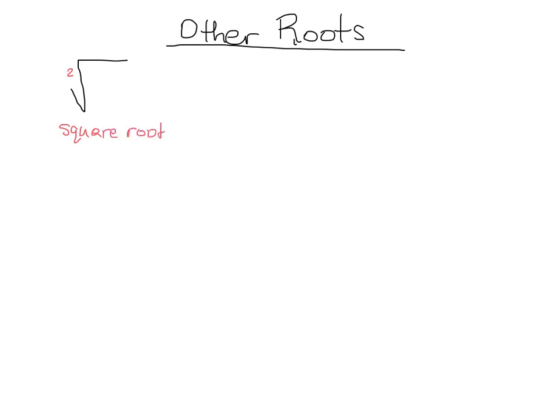However, we can have cube root, fourth root, fifth root, any root really. So if we're being asked for another root, the number right here will have to be placed. So we would have to put, for example, a 3 right here if we're being asked for cube root.